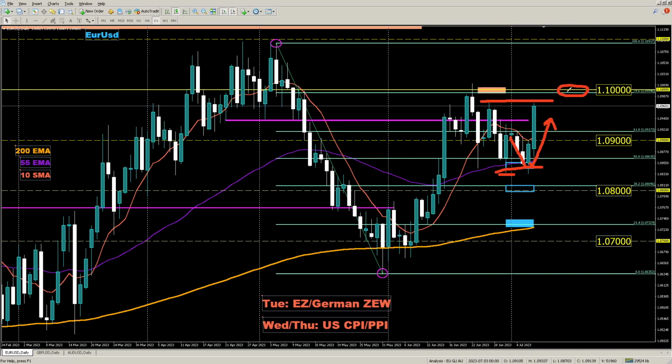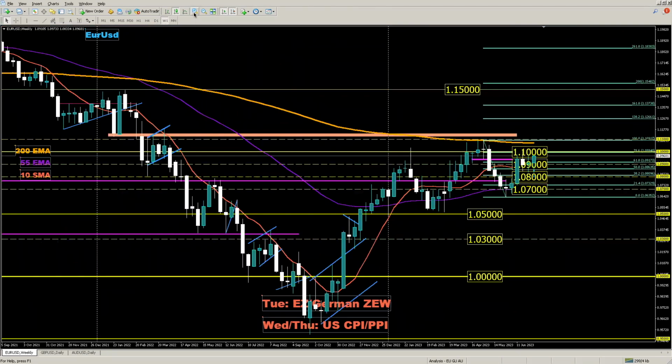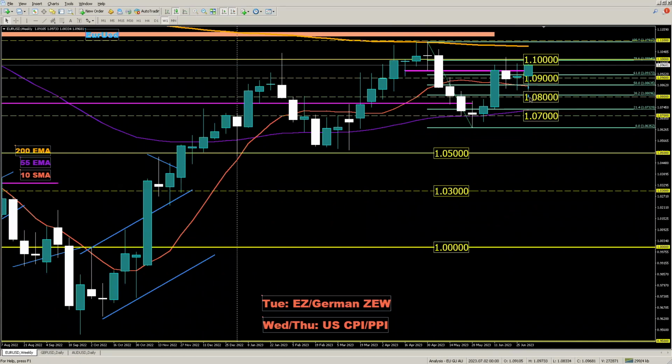That will be a key resistance level to break. And if we take a look at the weekly time frame, yes, it's basically still constrained within the whole of the previous week's range, and there could be some follow through on the bullish side, attempting to break through the 110.